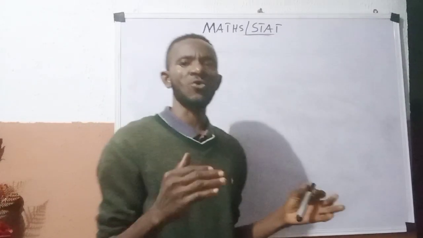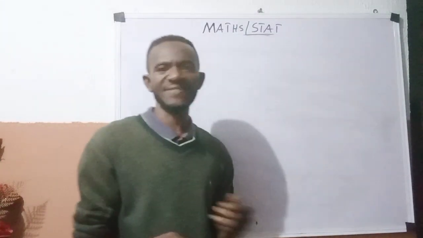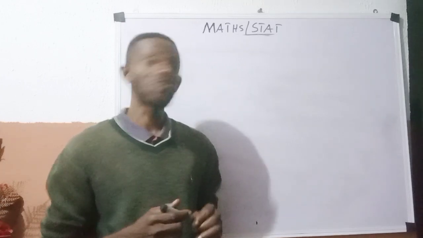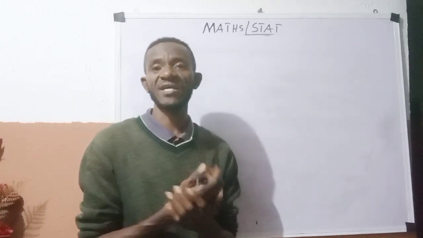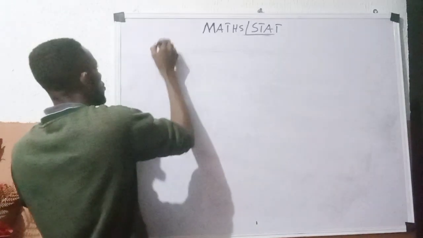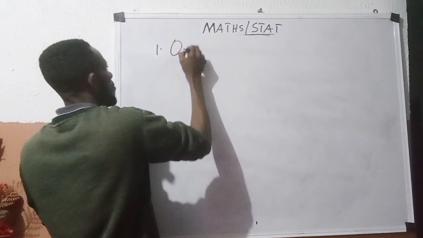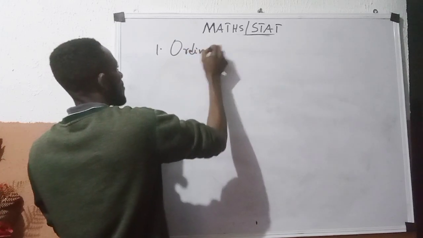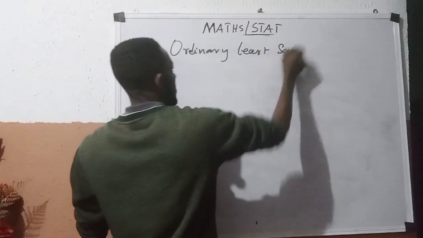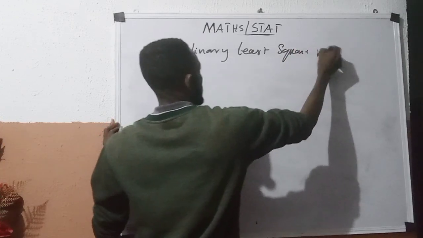There are different methods of estimating parameters in statistics. Different methods through which we can estimate parameters. Then we have the use of the ordinary least square method.